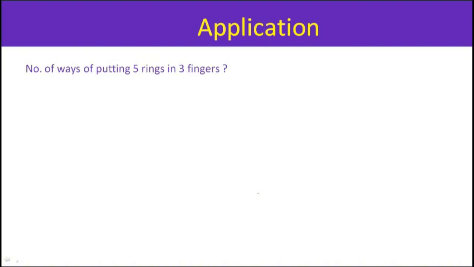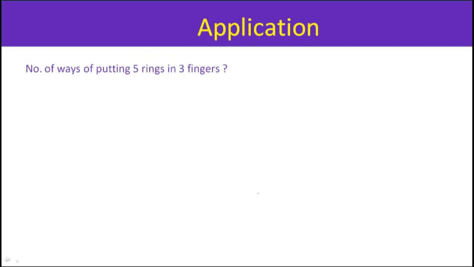So how do you do it? You first of all select rings. So first of all, you put 5 rings into 3 fingers. You assume that okay, rings are similar. So assuming that rings are similar, there are 3 fingers. You place it first of all, and then you try to arrange them.